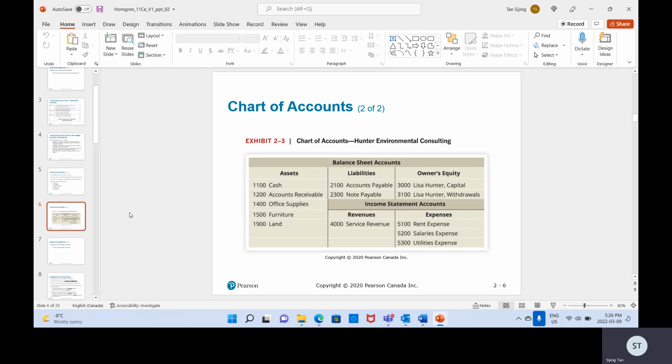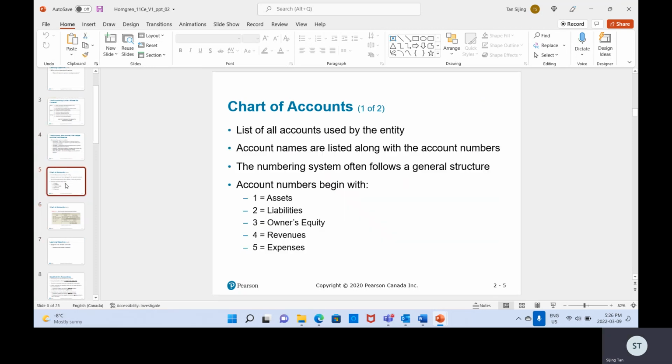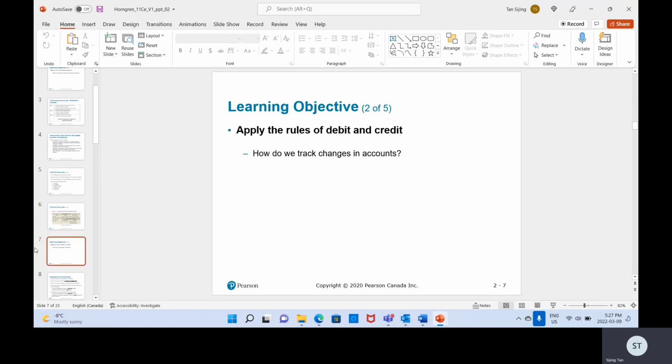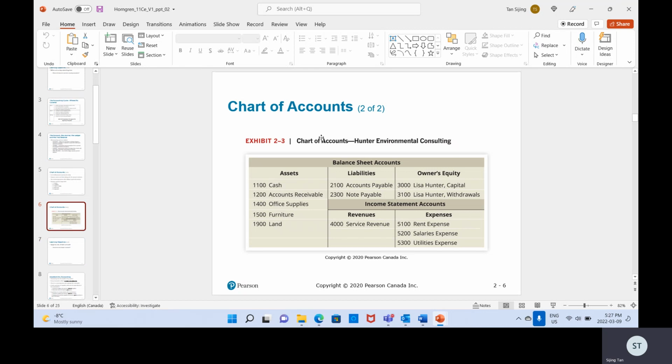Now, chart of accounts. A chart of accounts is a list of all the accounts by account number. An example is given in our exhibit 2-3, which is this one. We can see that the accounts are numbered beginning with assets, then liabilities, then owner's equity, and then revenue and expenses. Accounts in the ledger are always in the same order.